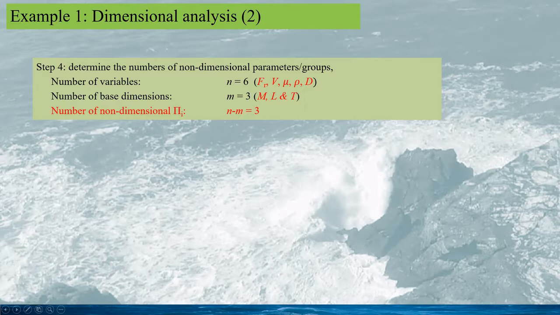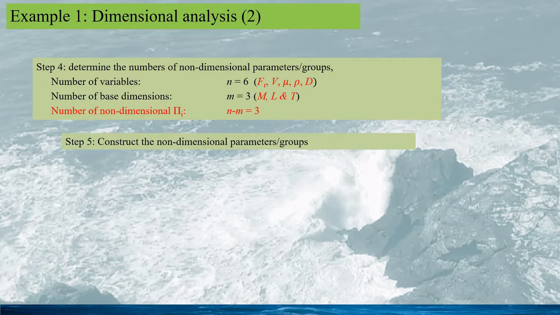That means we will have 3 non-dimensional parameters, pi1, pi2, and pi3. In step 5, we are going to construct the 3 non-dimensional parameters like this. Here, 3 independent variables, velocity, density, and the diameter of the pipe, are chosen as the constructing variables.